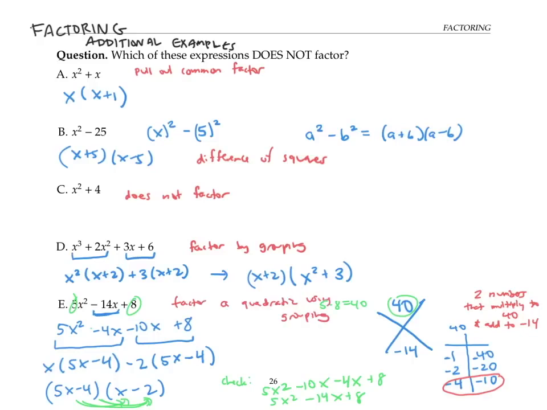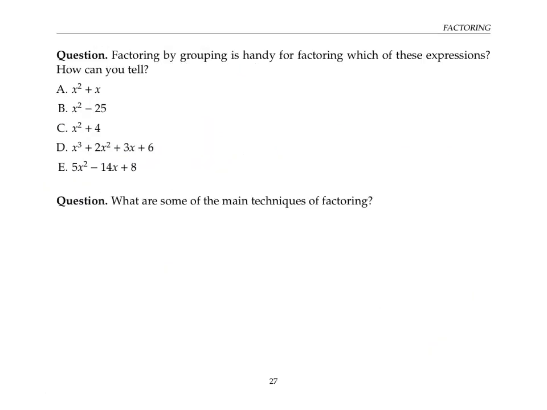And all of these factor except for the sum of squares. So we saw that factoring by grouping is handy for factoring this expression here. It was also handy for factoring the quadratic indirectly after splitting up the middle term into two terms. So how can you tell when an expression is appropriate to factor by grouping?